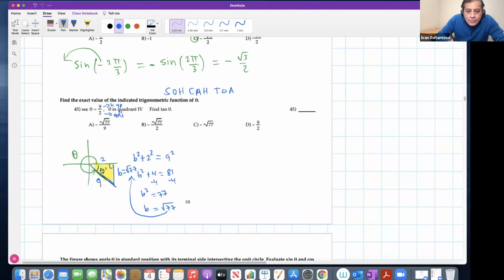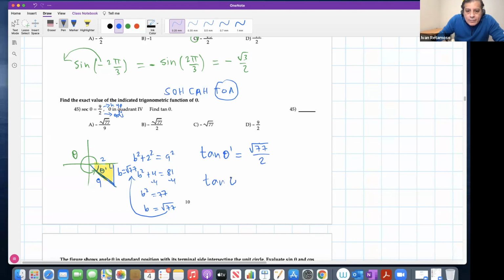We can find any trigonometric function of theta prime, the reference angle, right? In particular, we can find tangent of our reference angle. Tangent of our reference angle will be what? Tangent, according to this TOA, is opposite over adjacent. Opposite is the square root of 77 over adjacent. Adjacent is 2, right? That's tangent of my reference angle.